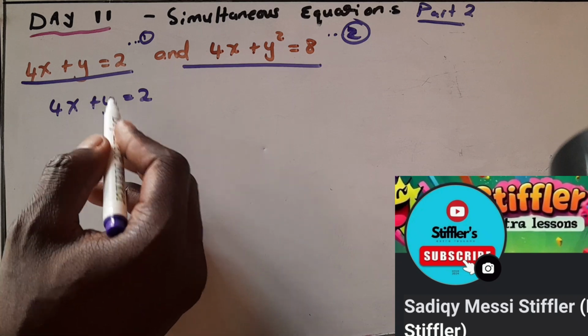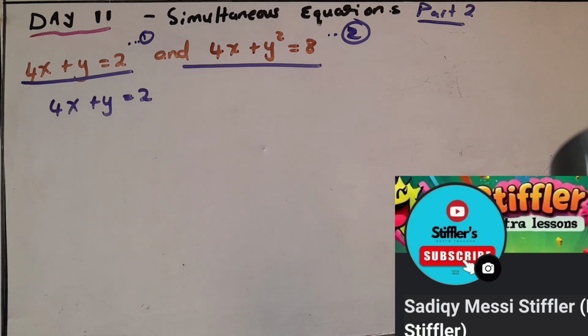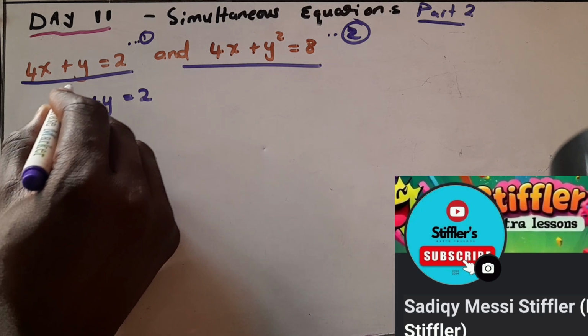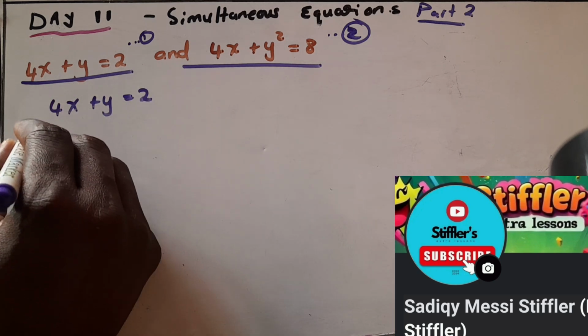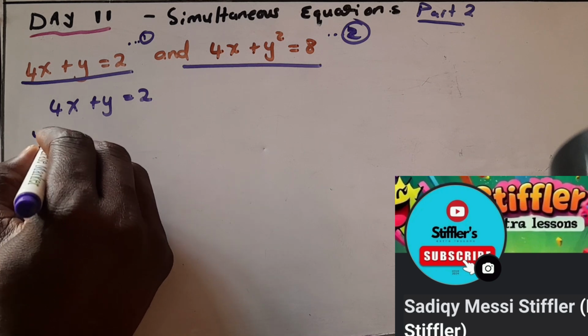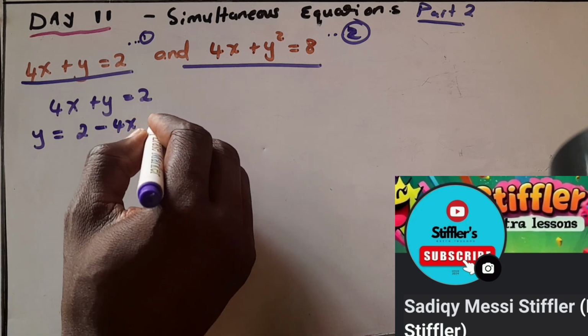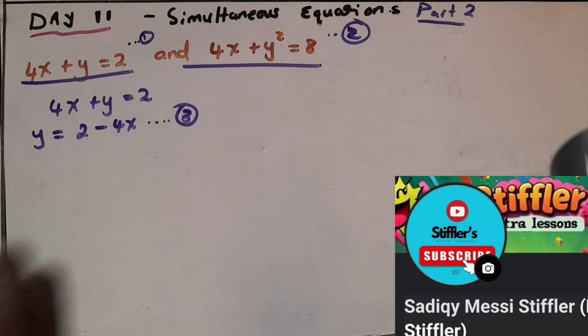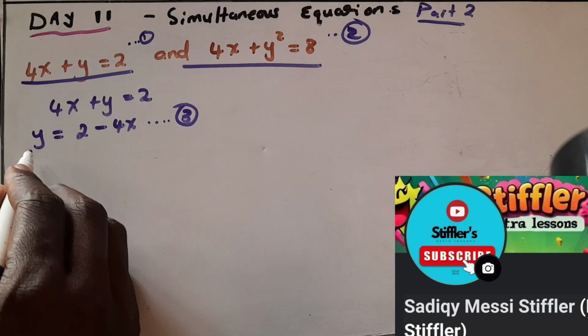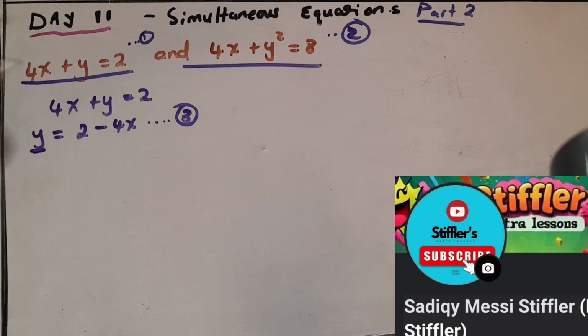So we take y, with only 1 as the coefficient, and make it the subject of the formula. We take 4x to that side, so y is equal to 2 minus 4x, and we call this our equation 3.